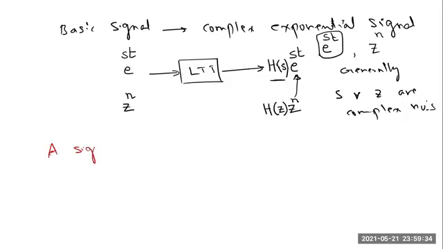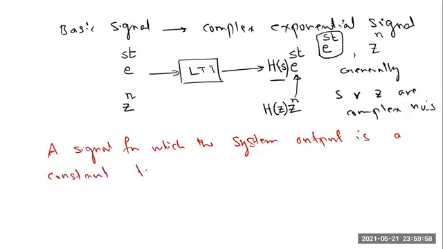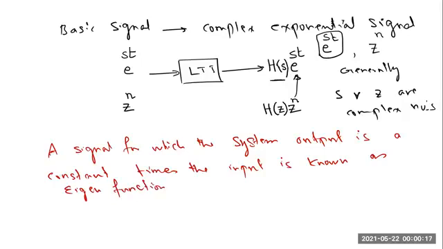A signal for which the system output is a constant times the input is known as an eigenfunction of the system.